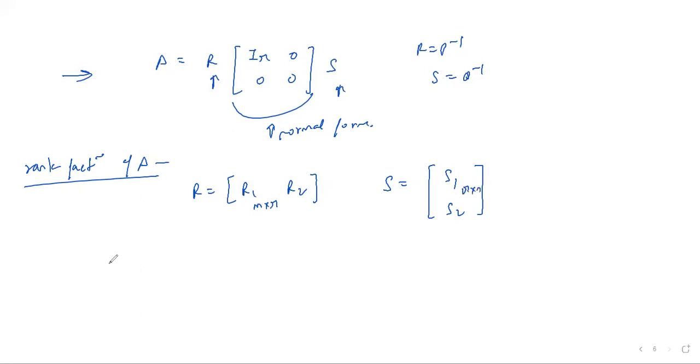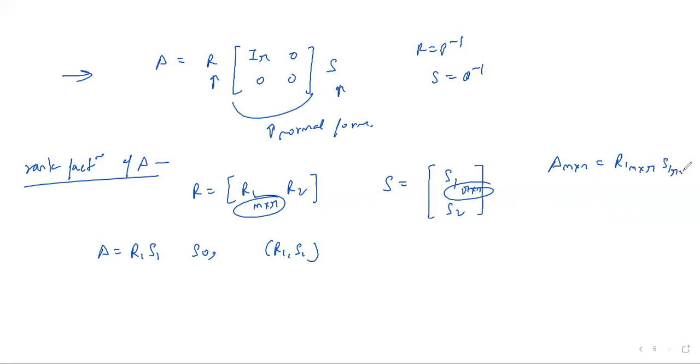The rank factorization of A is R1 S1, because A is equal to R1 S1. By multiplying these, we get our matrix A, which is of order m cross n.